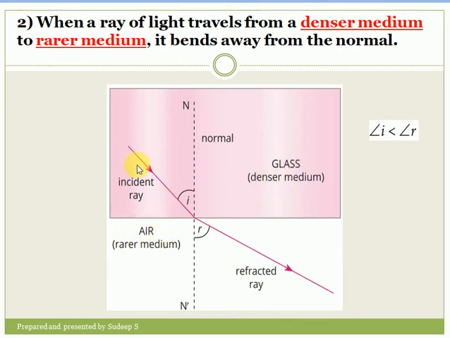So, as we study, जो ray of light है since denser medium से rarer medium में जा रहा है, तो denser medium में जो speed of light होगा वो कम होगा compared to rarer medium में. तो यहाँ पे as speed of light increases in rarer medium compared to the denser medium, it moves away from the normal. So ऐसे केस में angle of incidence will be less than angle of refraction.